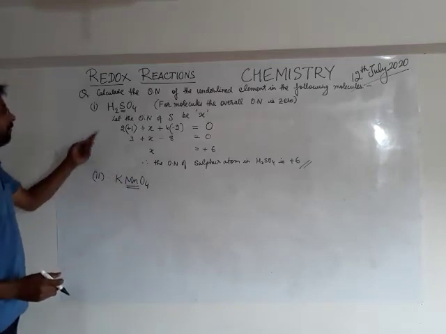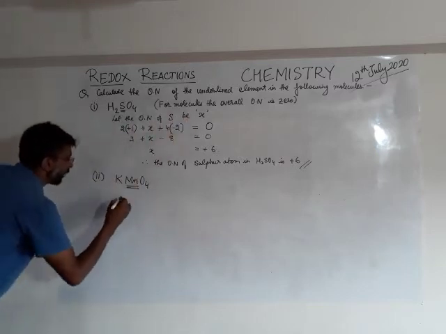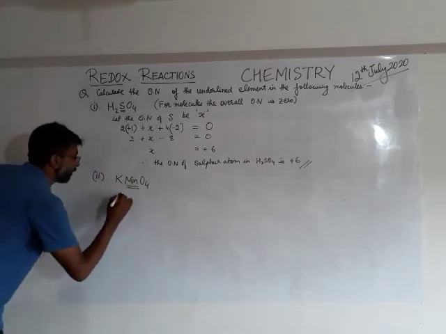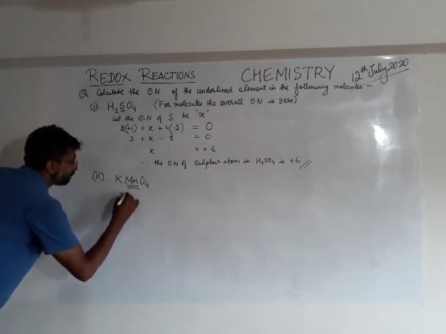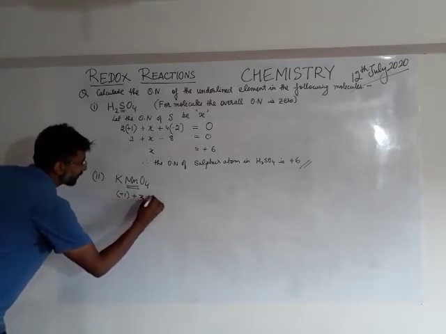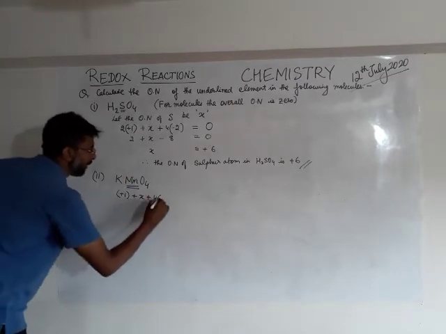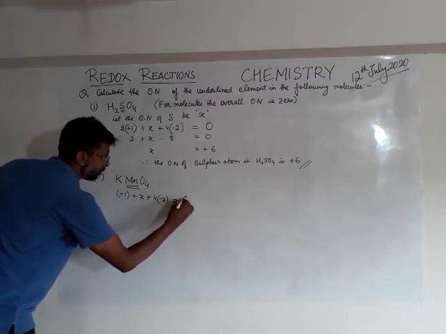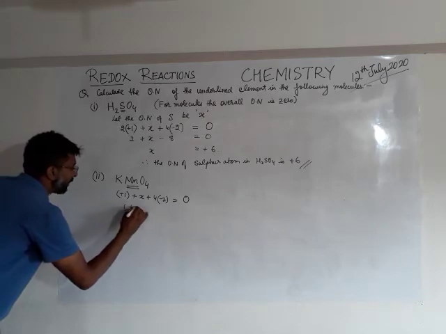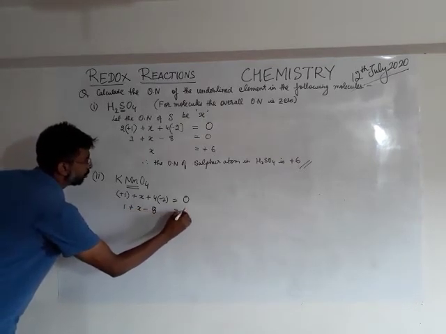So like the previous one, now we are going to skip this step. So we can write down K. For K, potassium, the oxidation number is +1. So I will write down +1 plus manganese, let it be X, plus 4 into, this is oxygen, oxidation number is -2, and overall charge is 0. So I will get over here 1 plus X minus 8 is equal to 0.